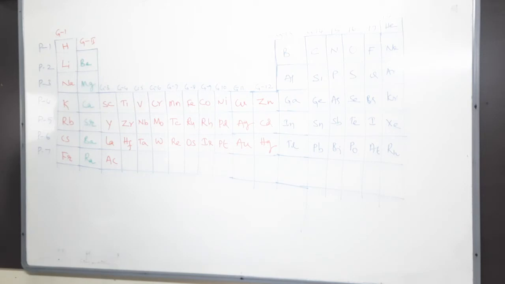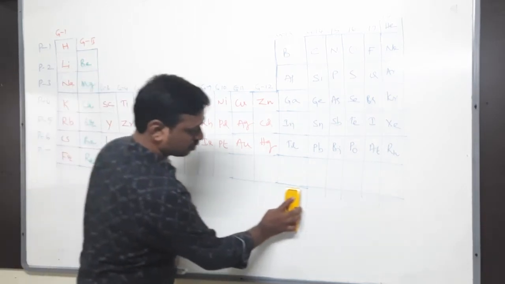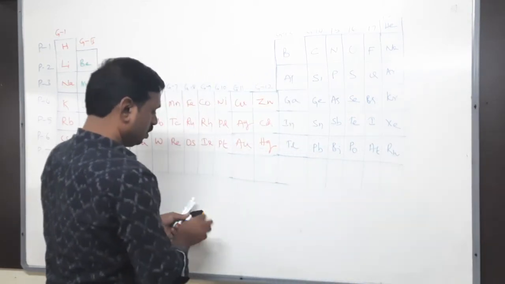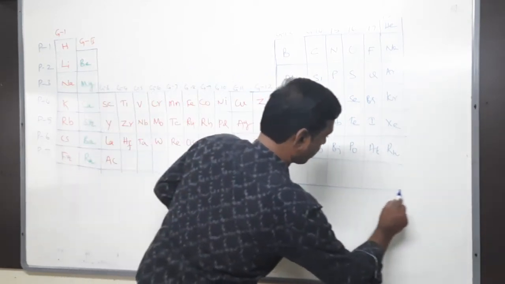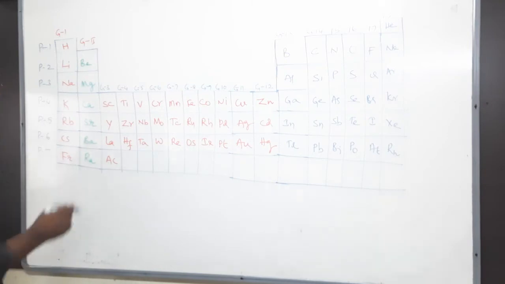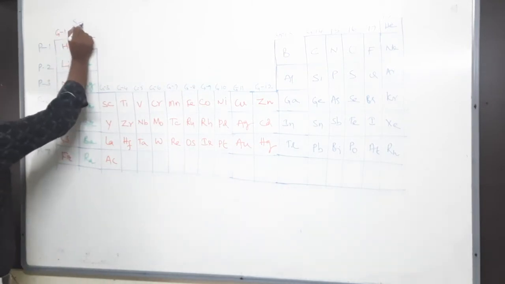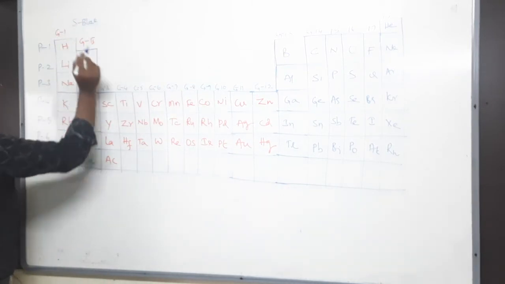Okay, then what about F block elements? Where is the F block element? So these are the S block, take down.